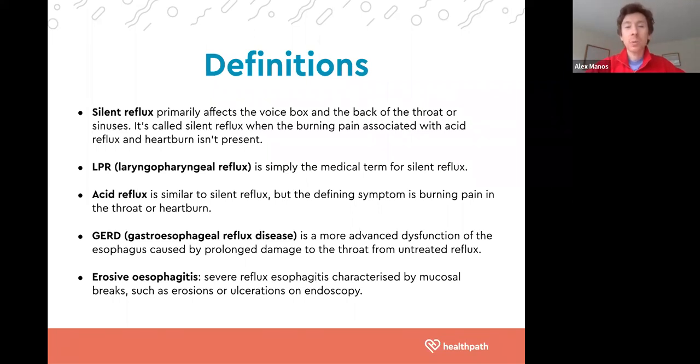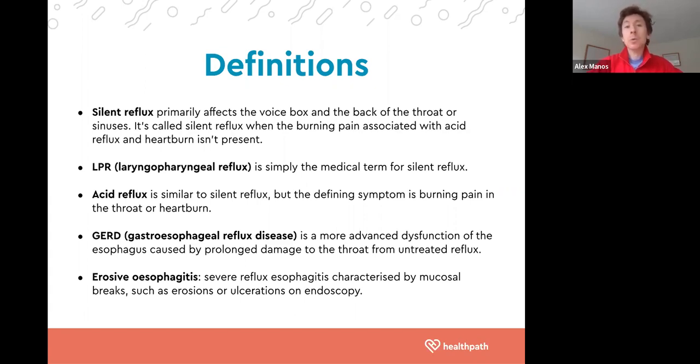So this is partly to help me as much as it is to help you. I think it's always helpful to have a basic understanding of some of these different diagnoses, because it helps us understand where we fit within the spectrum and where we might want to go from an investigation and an intervention perspective. So in no particular order, we can start with the concept of silent reflux. Now, this primarily affects the voice box and the back of the throat, but it can also affect the sinuses, as can some of these other types of reflux.